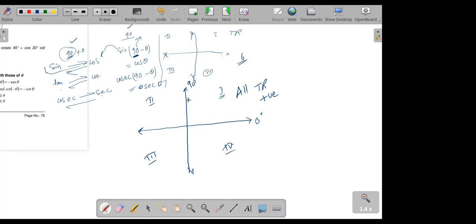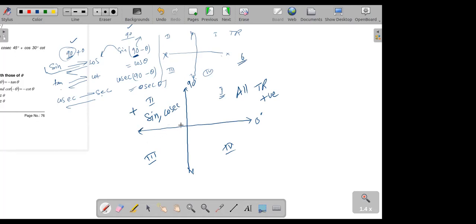In the second quadrant, sine and its reciprocal cosec will be positive. I am writing the positive ones; the negative ones will automatically come out.